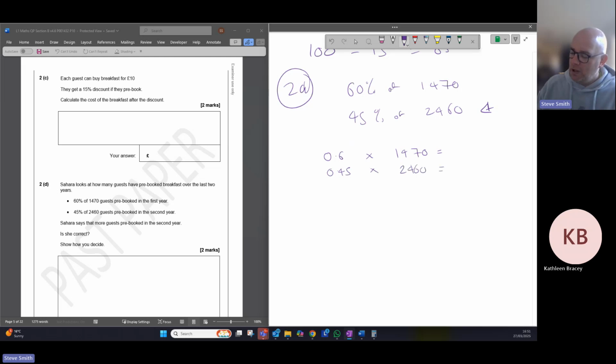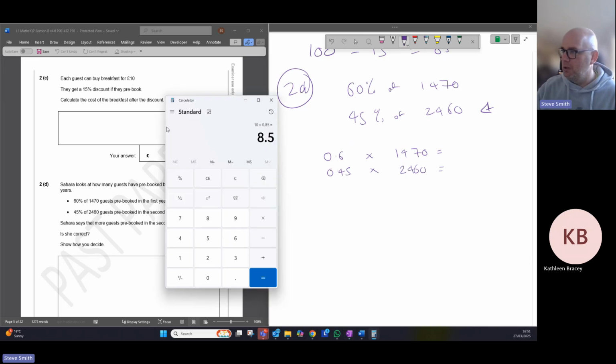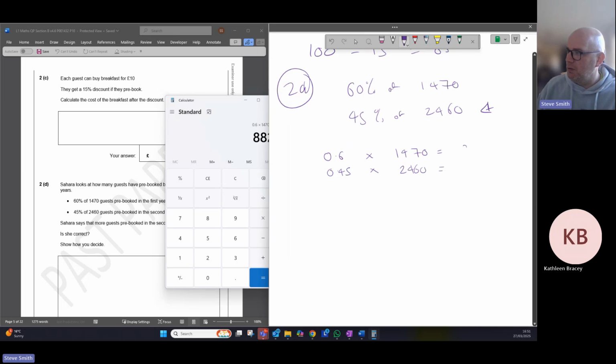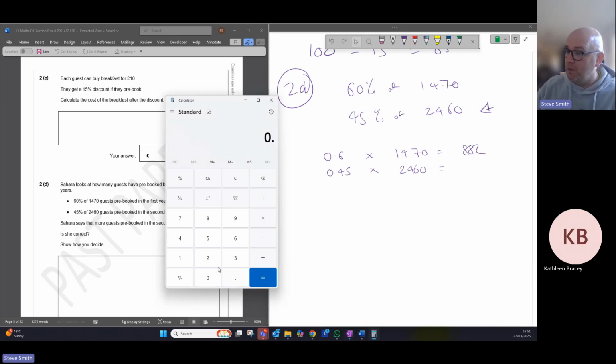So I've now got, on a calculator, within 5 seconds, 0.6 times by 1470. I know that 60% of that number is 882. And 45%, 0.45 times by 2460, 1107.